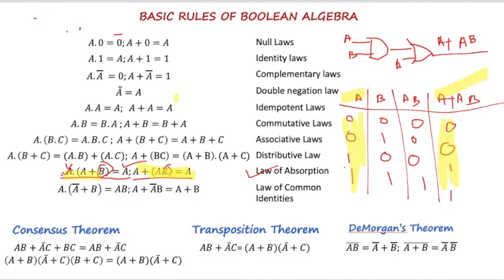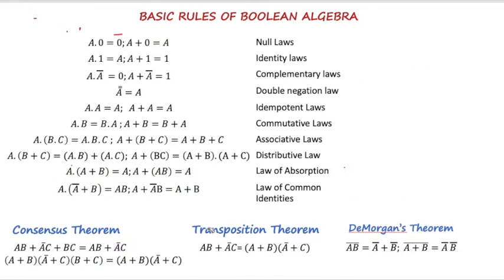So now let's explain the last one, that is the law of common identities. And I have already said that I will discuss those theorems in the next lecture. So the law of common identities: here you can see A bar, meaning negation of A, or B ANDed with A gives AB.